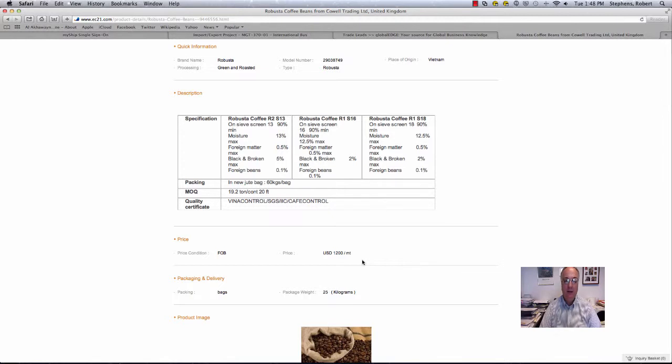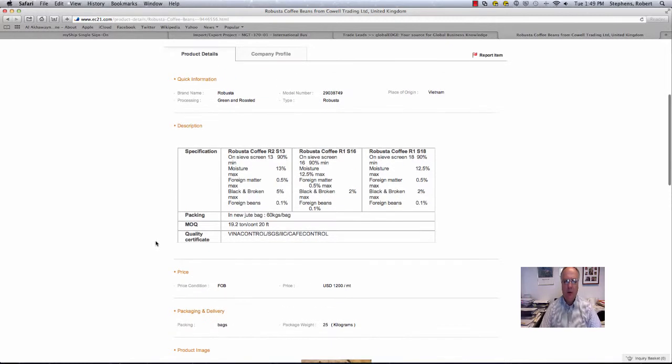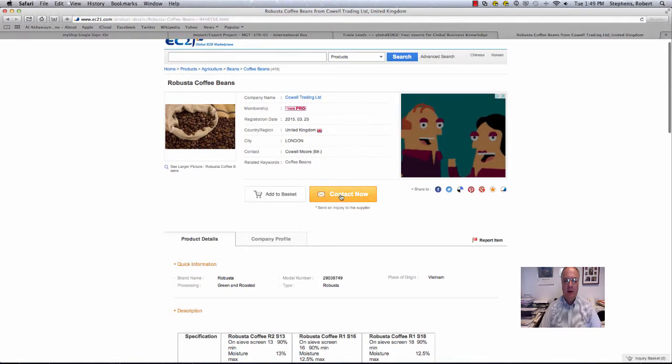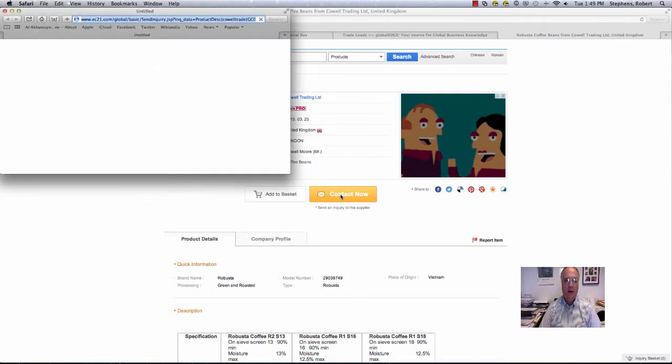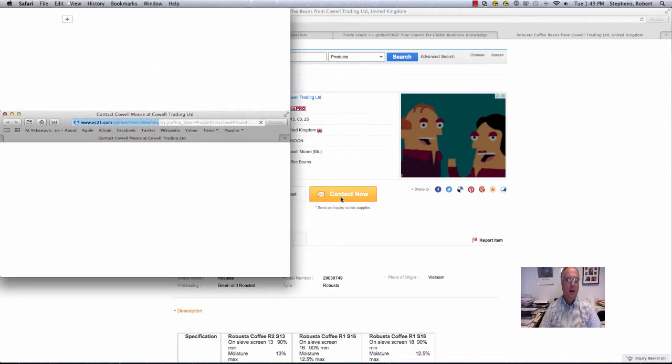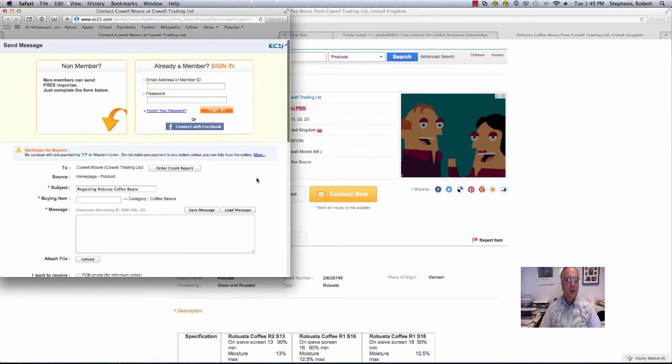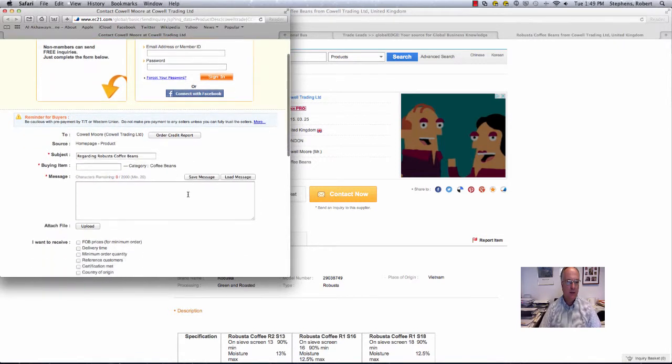Also, there's a little bit of a discrepancy here I'm seeing, because up here in the table it says that it's in a new jute bag of 60 kilograms per bag, and yet down here it says that it's 25 kilograms per bag. So we might want to just get some clarification. So if I were to contact this supplier, I would go up and click the Contact Now, and okay, this is where we might have to register.